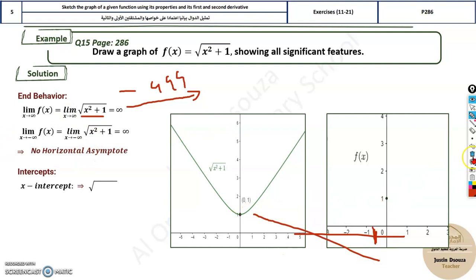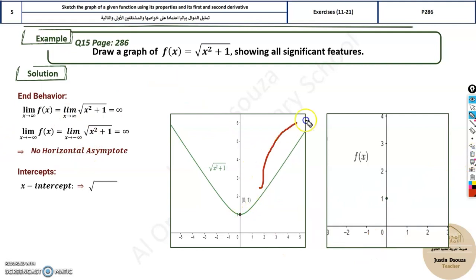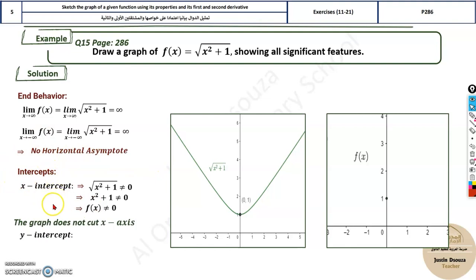So this is the end behavior. Now imagine the graph is like this. If we take a negative value and put it in the equation, it would be a minus value. The right side would be a plus value. This is the end behavior part. Now there is no horizontal asymptote. Intercepts can be found out. All this can be found out, and ultimately you can zero down to the correct option.